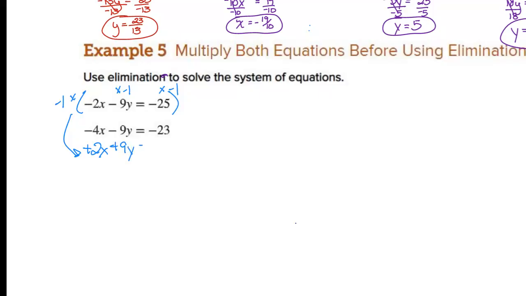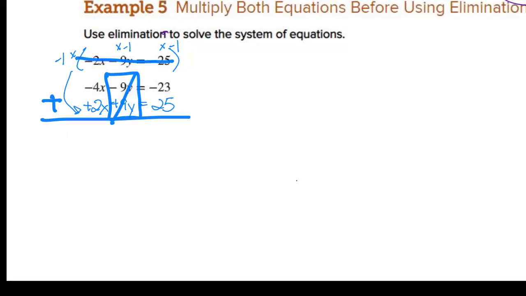Negative 25, when you multiply by negative 1, becomes positive 25. Remember, we are adding. These are my opposites, so the y values cancel out.